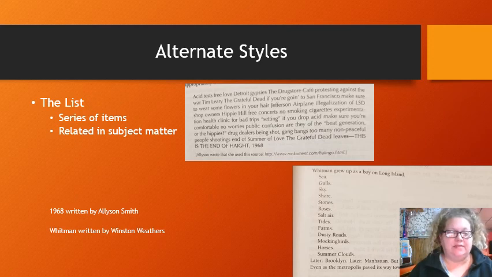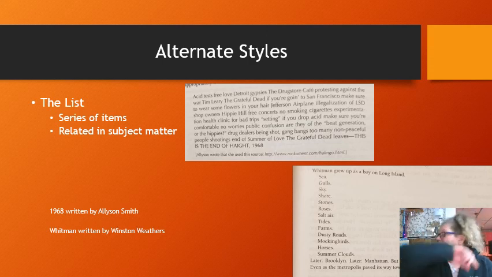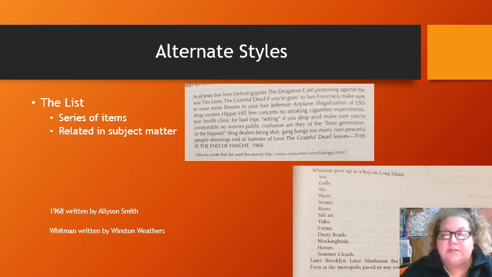Next, we have the list, and it's a series of items that are all related in subject matter. Now, the top picture reminds me a little bit of the labyrinth sentence because it looks just like one big long sentence. But once you get in there, it's really fragments, and they're all just listed together. The second picture, or bottom picture, looks more like an actual list, but lists can be done either way.